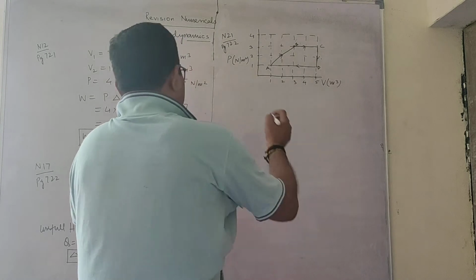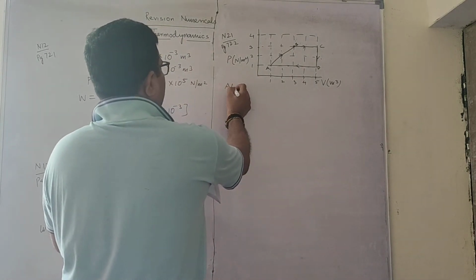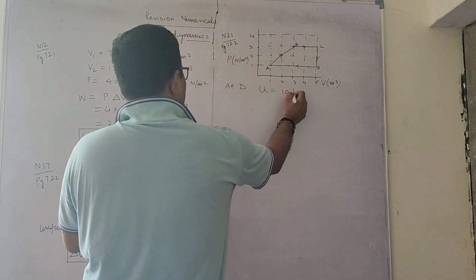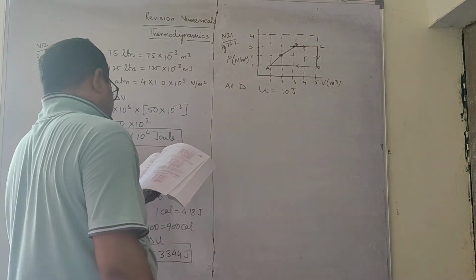In state D, internal energy is 10 joule. It is given in the figure.